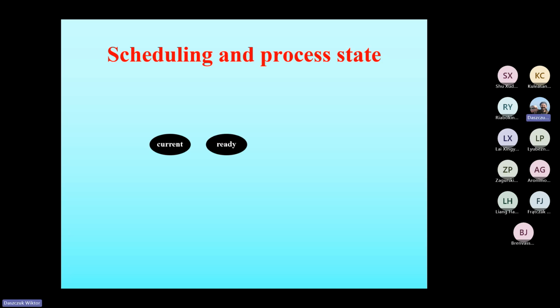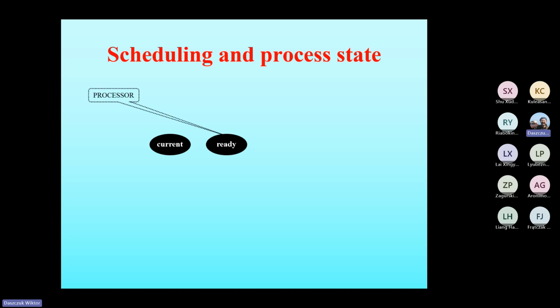We know current and ready are two states related to the processor. This is a state in which a process has a processor. Here, a process waits for a processor. The resource for which we wait is given in a balloon.